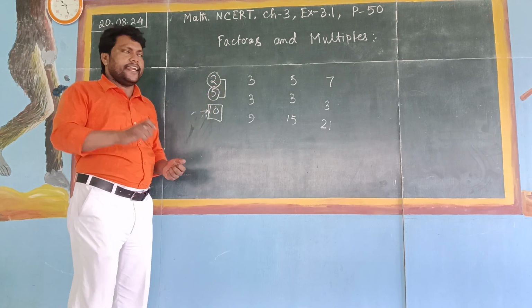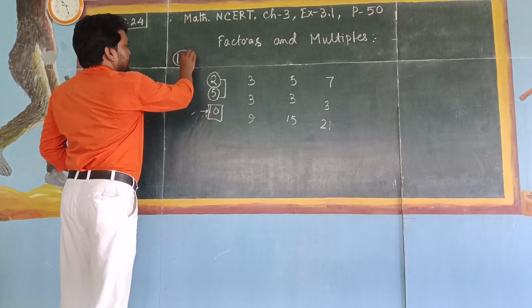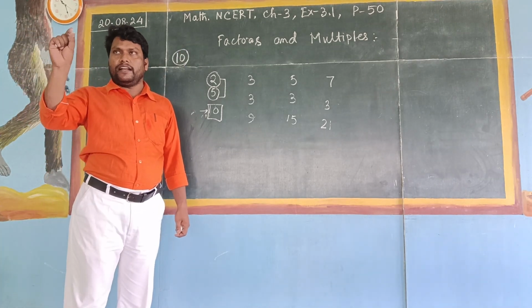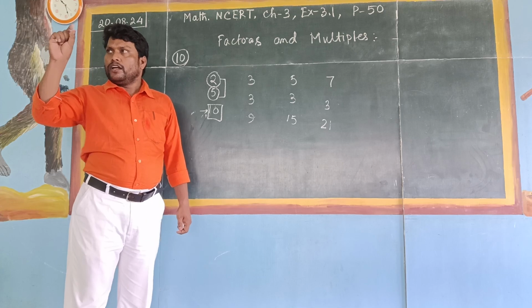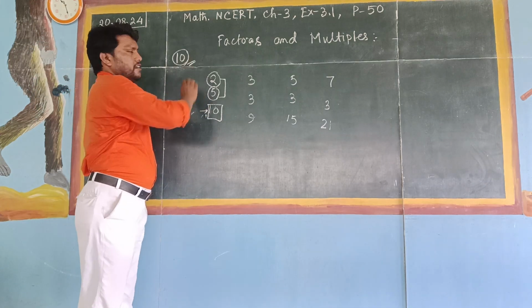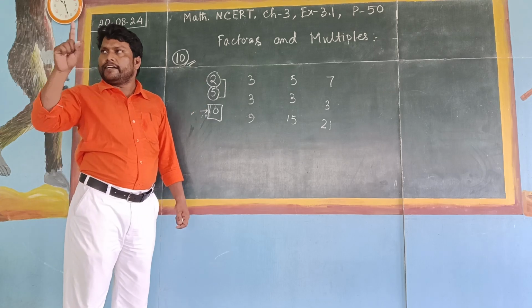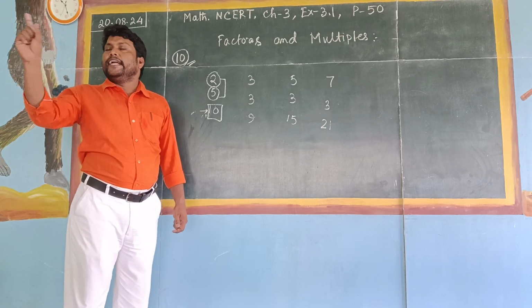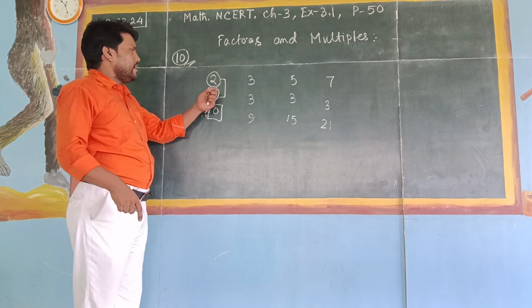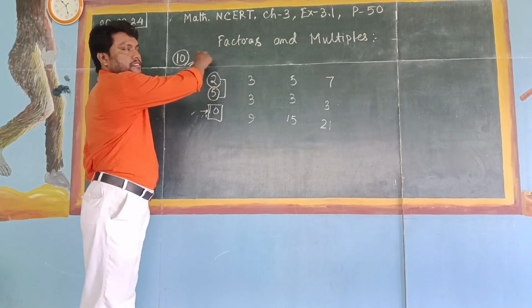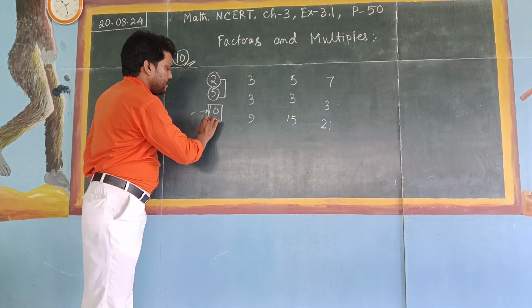Take the ones table, tens table, 2 table and 5 table, where you will find 10. 1 10s are 10, 10 1s are 10, 2 5s are 10, 5 2s are 10. So these are the factors of a particular number.